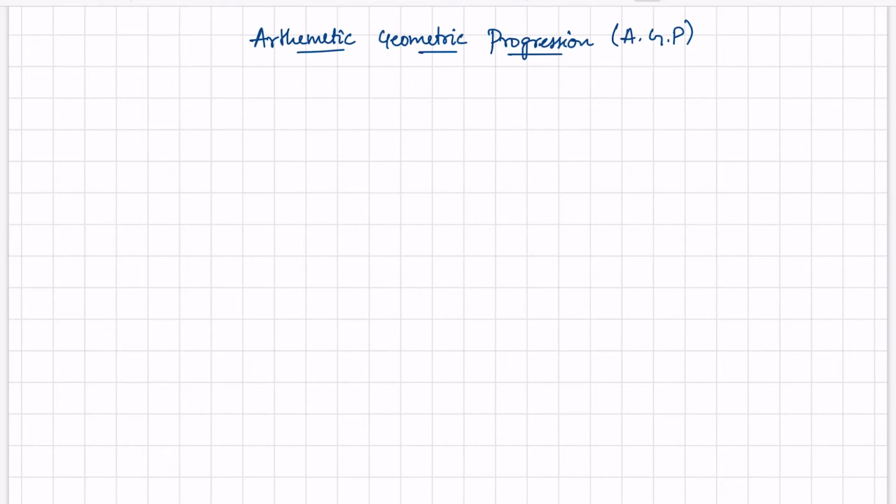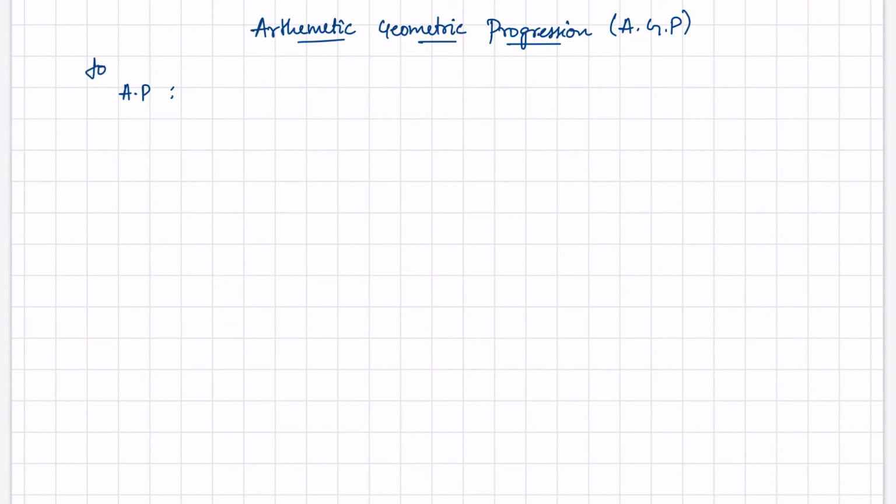A series is said to be in AGP if each term in that series is formed by multiplying the corresponding terms of AP and GP, where AP corresponds to arithmetic progression and GP corresponds to geometric progression. For example, consider an arithmetic progression in the form 1, 3, 5 and so on, and consider a geometric progression 1, x, x square and so on.